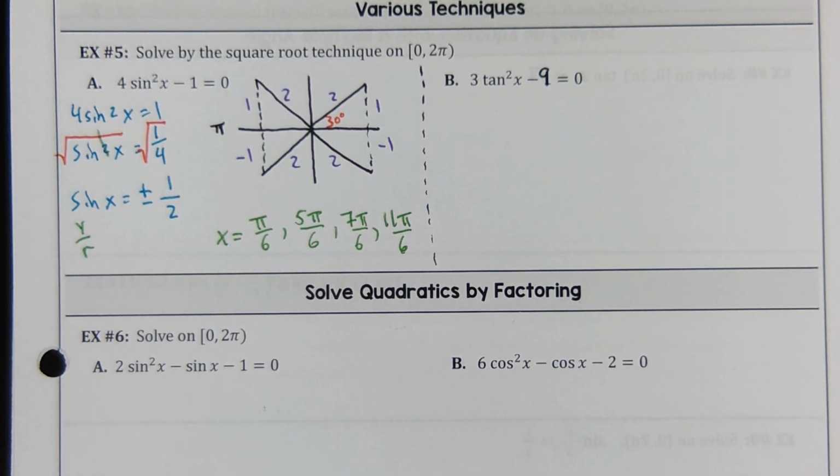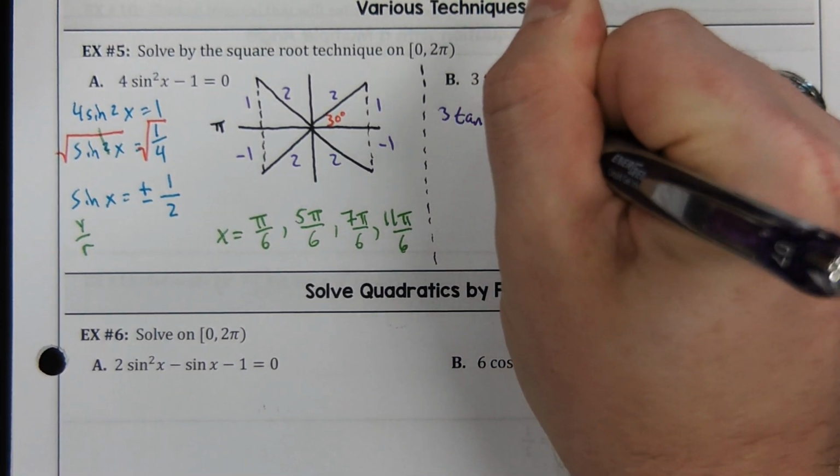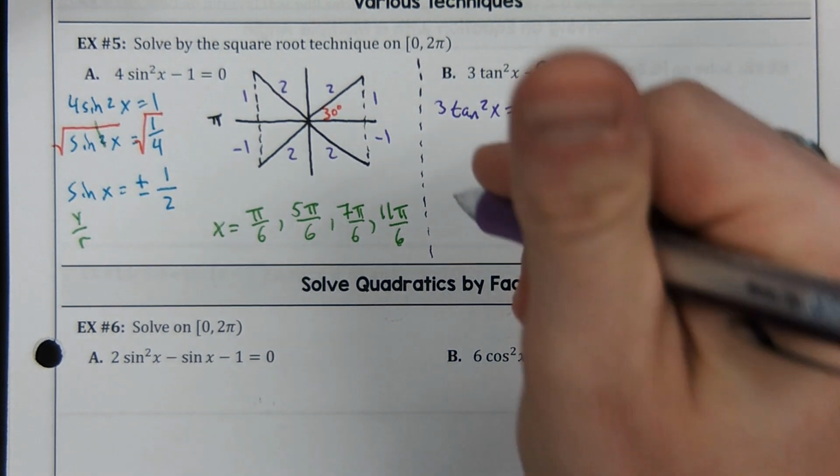Now, just like we did on the last one, we need to isolate the trigonometry. First, add 9 to both sides. Then, divide both sides by 3.